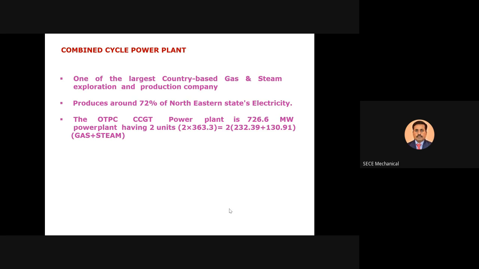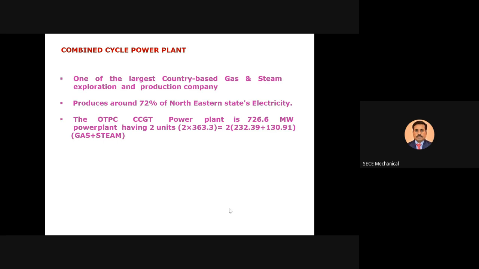With the help of the gas turbine power plant we can generate 232.39 megawatt, and with the help of waste heat we can additionally generate 130.91 megawatt. If we operate two per unit, we can generate 726.6 megawatt. This is running right now in the US. The maximum production capacity of this power plant is 72%.